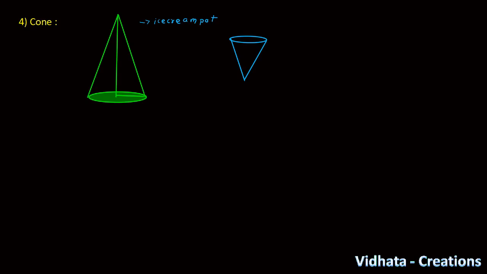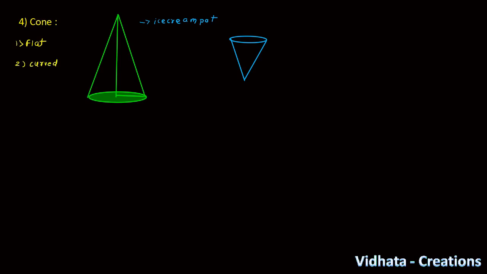Here also, in the case of a cone, we have two types of surfaces. Number one, the flat surface, and number two, the curved surface.